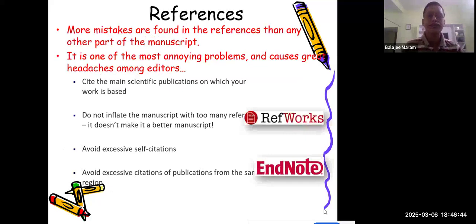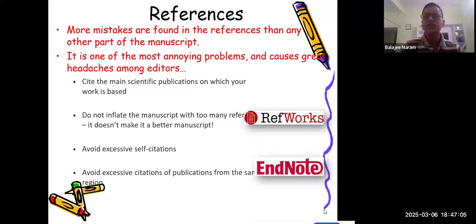Next, references. Already we have discussed miscitations and references. So when we include references that are not related, it is ethically wrong. Is it okay? Definitely, we should take care.